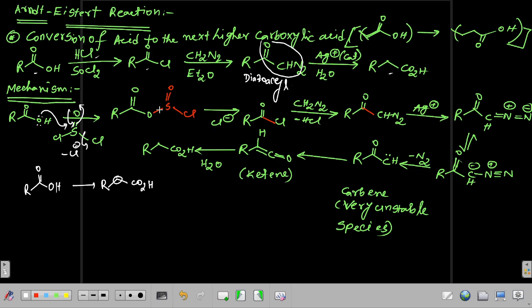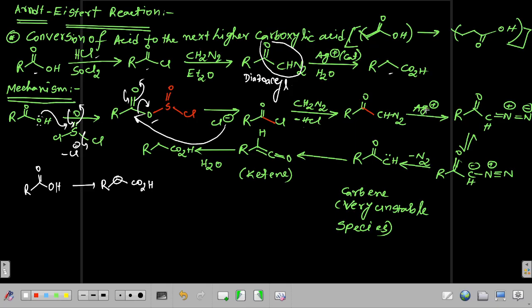So it will form this intermediate, and now in this reaction medium we have chloride ion. This chloride ion will attack on this carbonyl, and it leads to the removal of this whole group. So it leads to the formation of this acyl chloride, and this acyl chloride undergoes reaction with diazomethane and it leads to the removal of HCl, and the formation of this diazoacyl group.